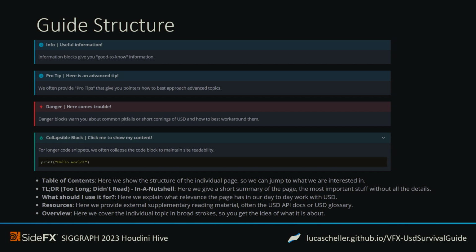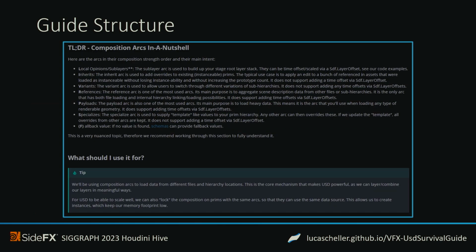Often, a lot of resources out there explain a lot, but you don't really make the connection to what you actually use it for in your day-to-day life. And we also have these blurbs, as you can see there, which warn you of important gotchas, pitfalls, and stuff like that. Here's an example of how it looks for composition.